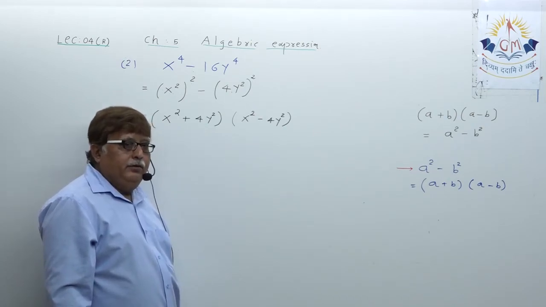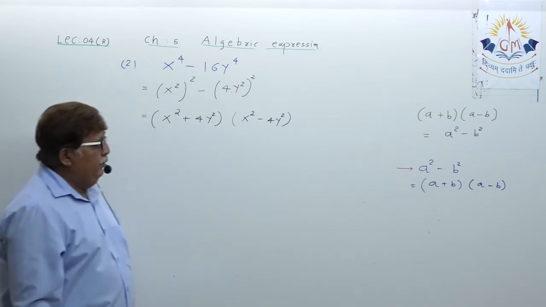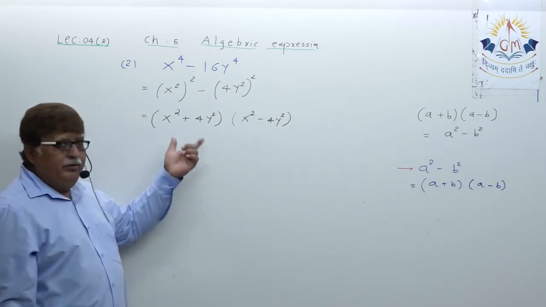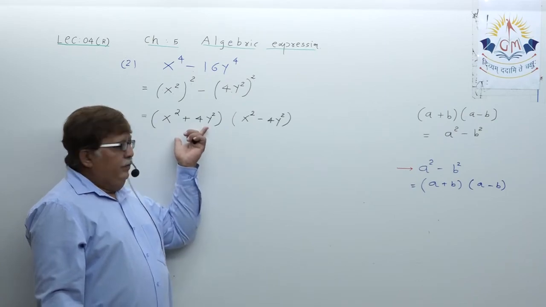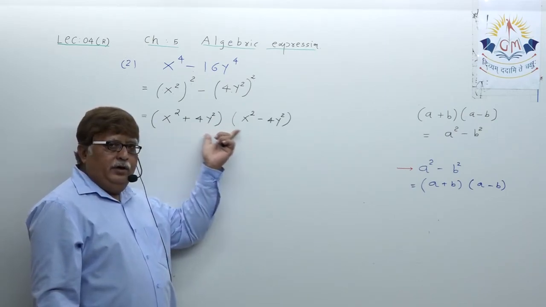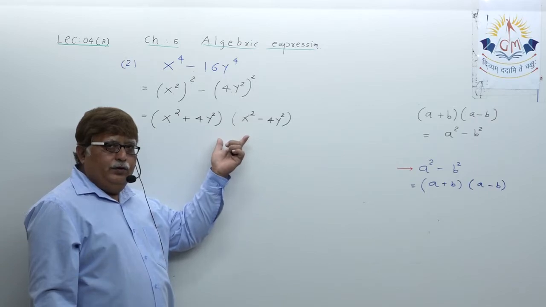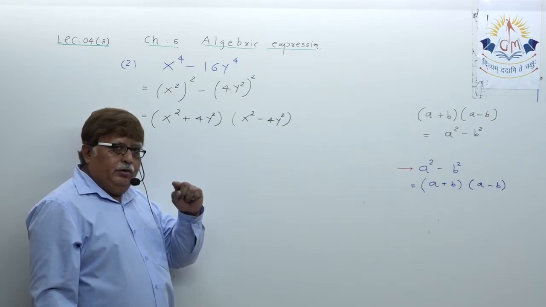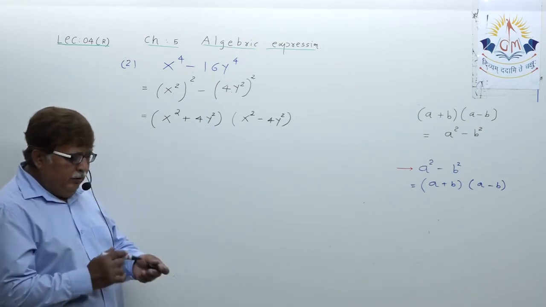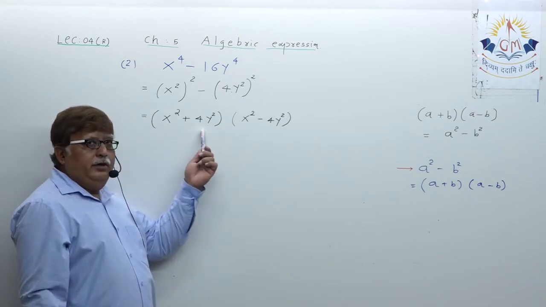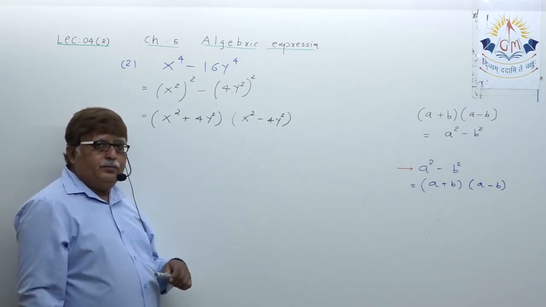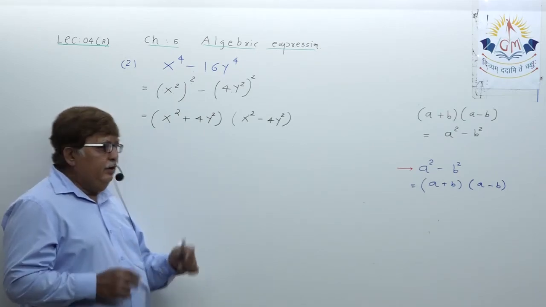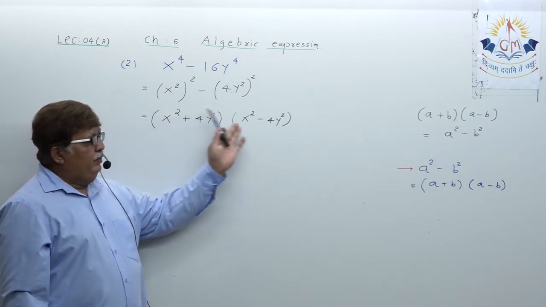Now, dear student, why am I telling again and again that the concept has to be very clear. Now, what you need to check is whether the terms in any bracket are further factorizable or not. Clue point: two terms. Yes, here both are perfect squares.